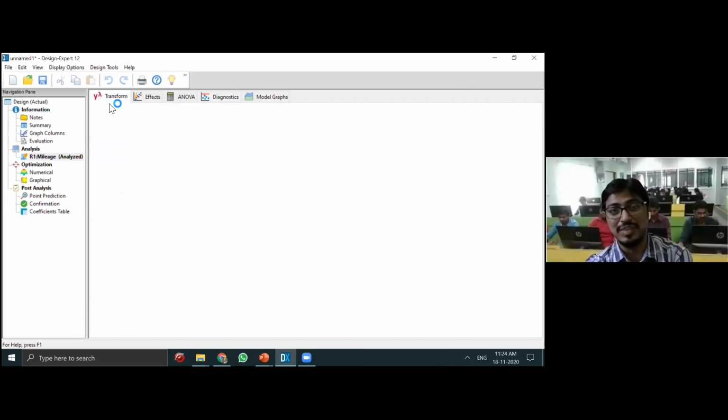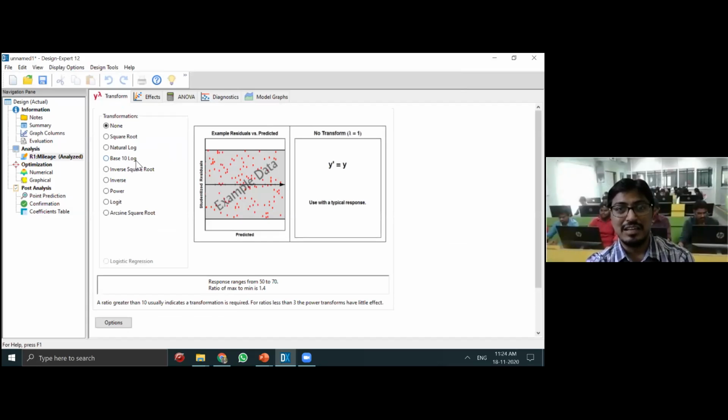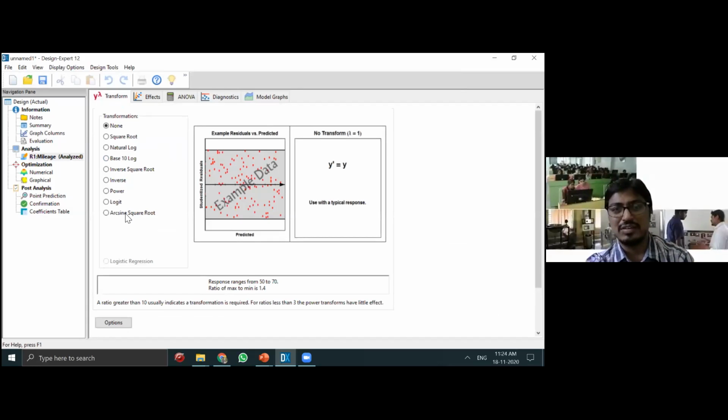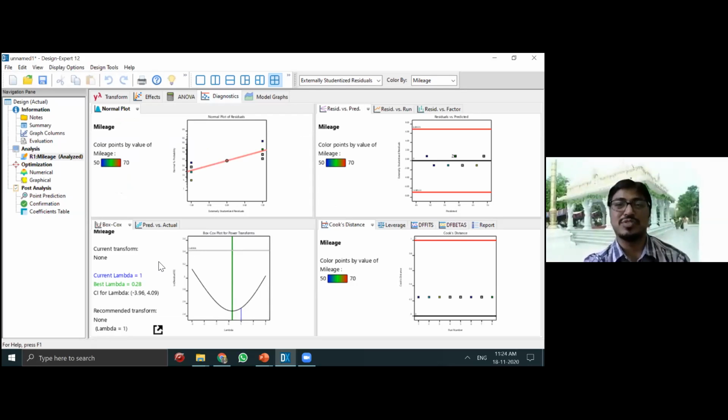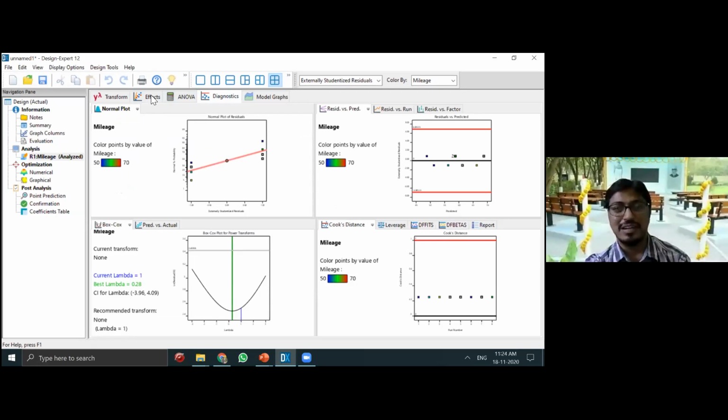But if it is recommending something else, like a base 10 log, natural log or square root transformation, the software itself will tell you that this transformation is required. Then the procedure we have gone through should be repeated: go for the effects, then the ANOVA, and then come back to diagnostics.